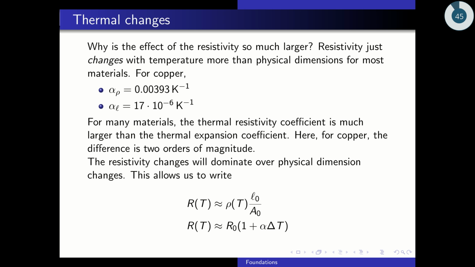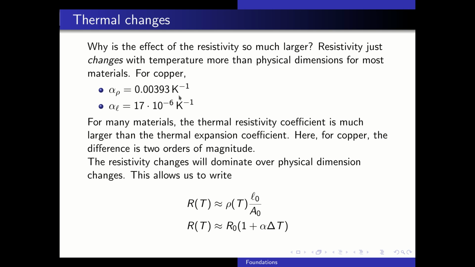Why is that? Well, it's that the resistivity changes a lot more. In order for the length to change, we've got to stretch all these bonds to make the solid bigger. But in order for the resistivity to change, all we need to do is make that particle move a little bit faster, and it's going to be banging into a lot more things. And that's reflected when we look at these temperature coefficients.